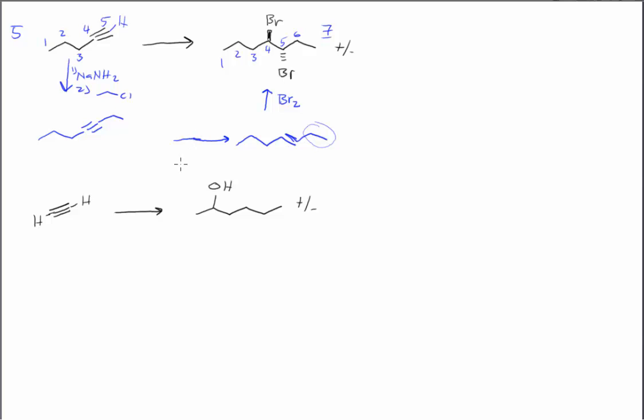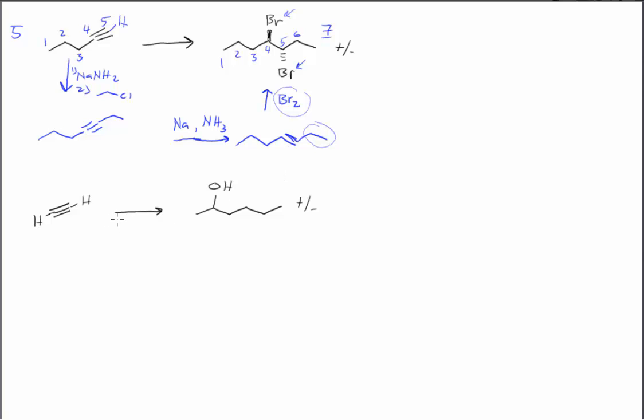And that can be turned into the alkene via our sodium in ammonia reduction. That gives us the trans-alkene. So that's why it was important to recognize that we needed trans, because we could also produce cis if we used different reagents. So here's the 3-step process. We had to add 2 carbons at the beginning, then we needed to change our alkyne functional group into something that would react with Br2 to give us the anti-dibromide that we saw in the product.